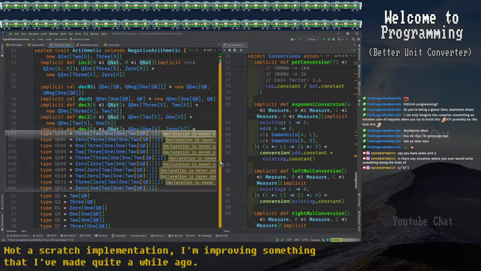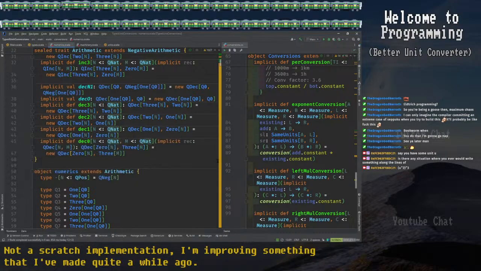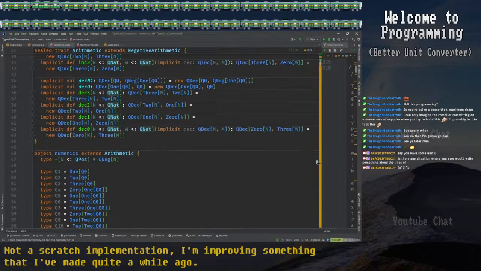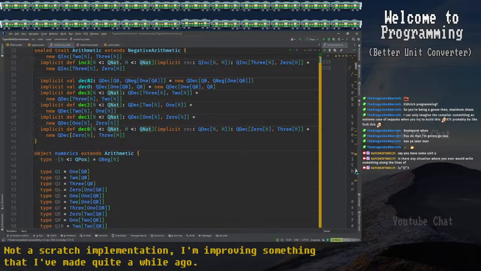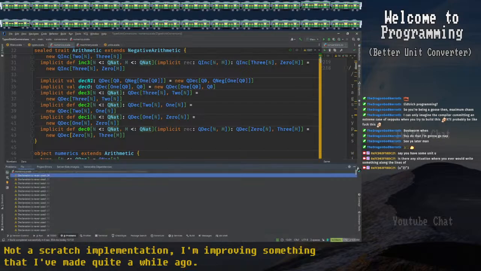Oh my god, there are so many declaration is never used warnings. Can I disable that? What is this? Project-wide analysis. Can I just for this file?